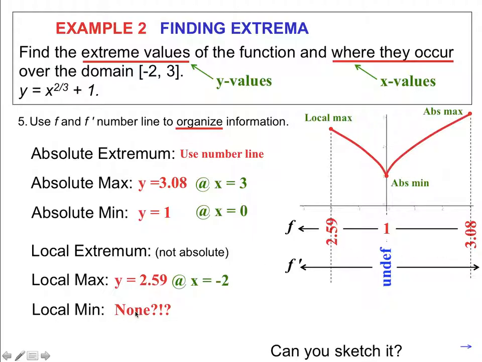So there's the sketch. If we look at this, we know that x to the 2/3 plus 1 is not linear. So we draw a gentle smooth curve to this cusp, and then we draw a gentle curve out of that cusp. When I would grade this as an AP grader, if I asked you to sketch it, what I would look for is a cusp.